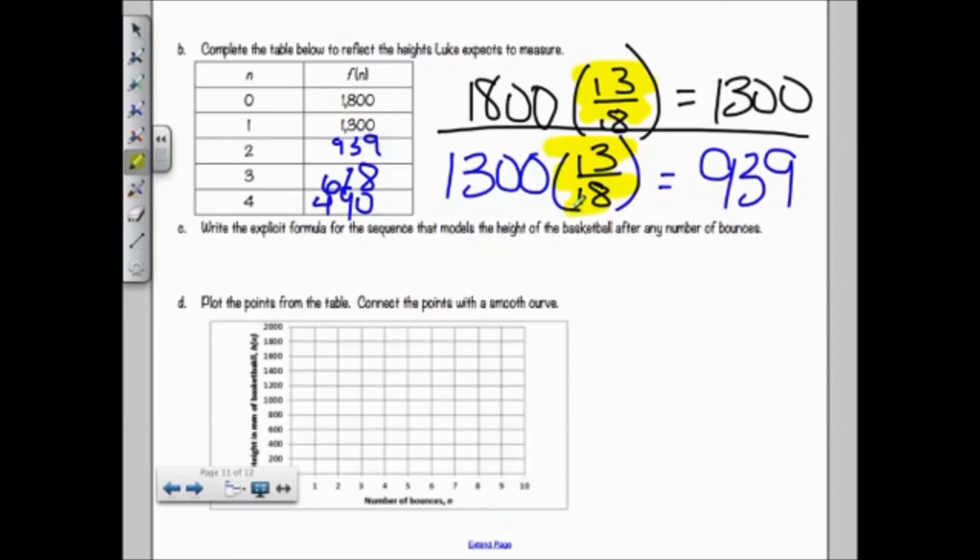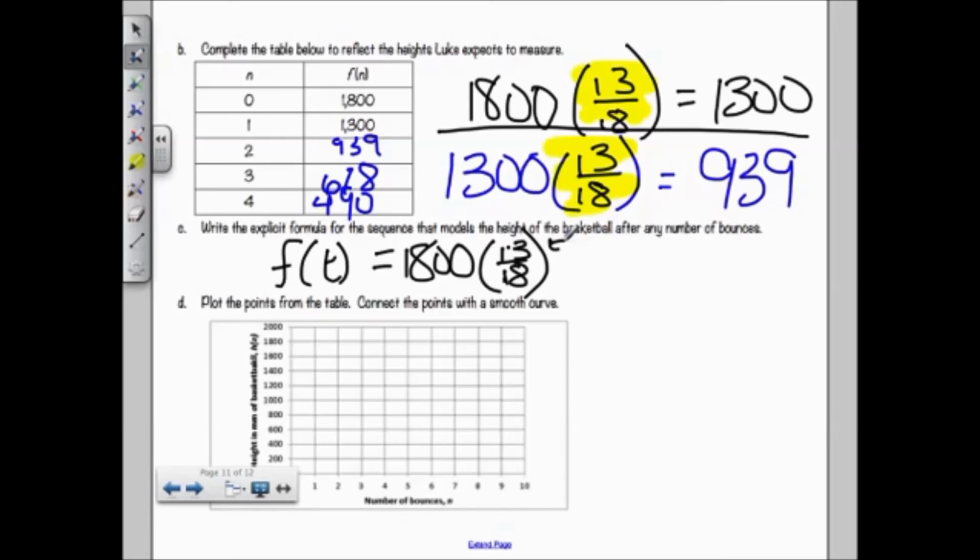You should get that f of t is equal to the initial value, 1,800, multiplied by the growth ratio, 13 over 18, all raised to the t power, because you are repeatedly multiplying by 13 over 18.